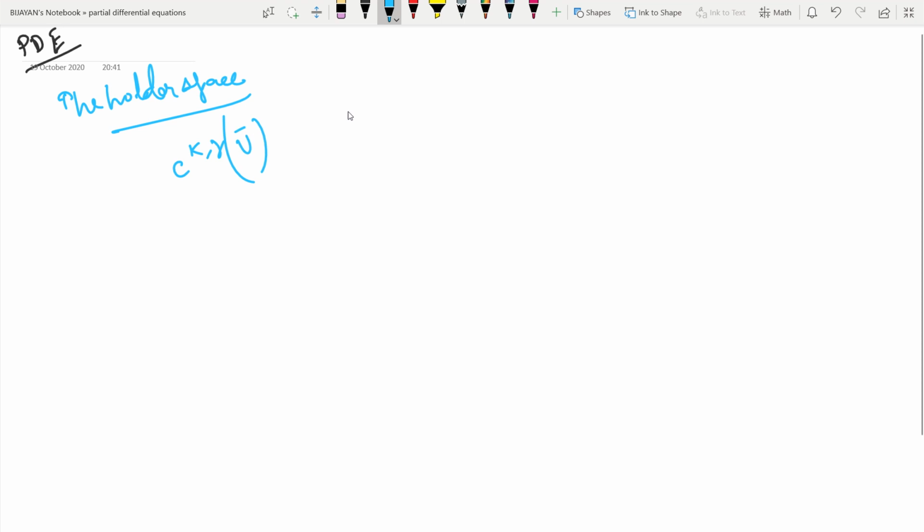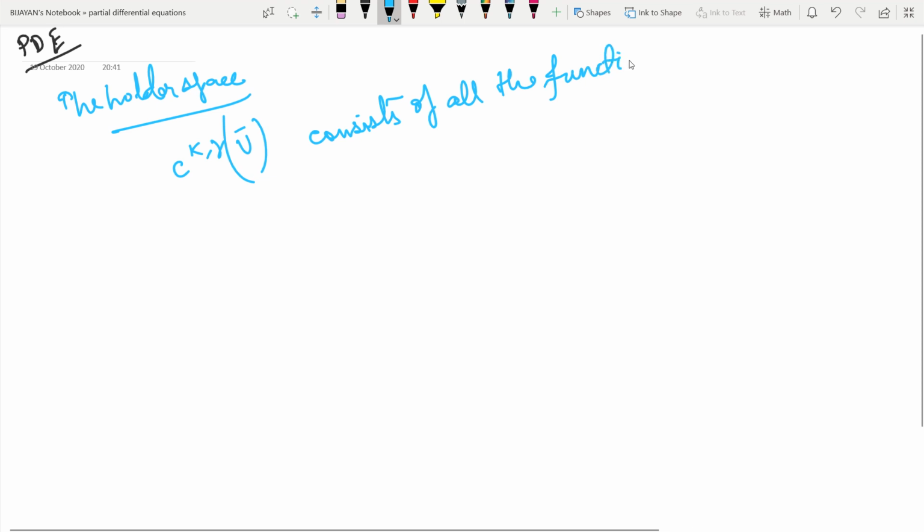The notation of the Hölder space consists of all the functions u belonging to C^k, the k times continuously differentiable functions, for which the k-th derivative is a function from a metric space to a metric space. Simply, u is a real valued function.